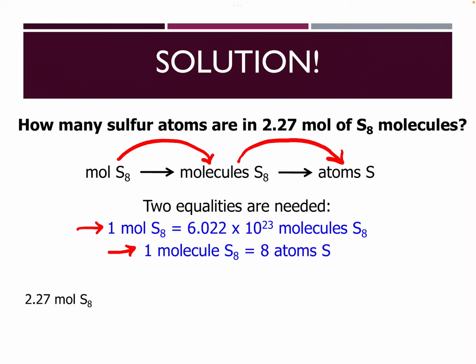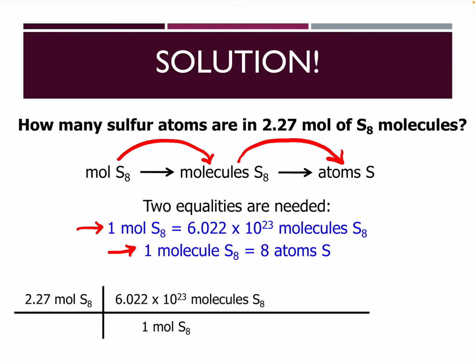So we'll start our train track with our 2.27 moles of S8. Then we'll use Avogadro's number to convert from moles to molecules. Remember, make sure your units cancel. So your units need to cancel down and to the right. So moles of S8 has to cancel moles of S8. Once we finish that, we look and we see, did we find what we were looking for?